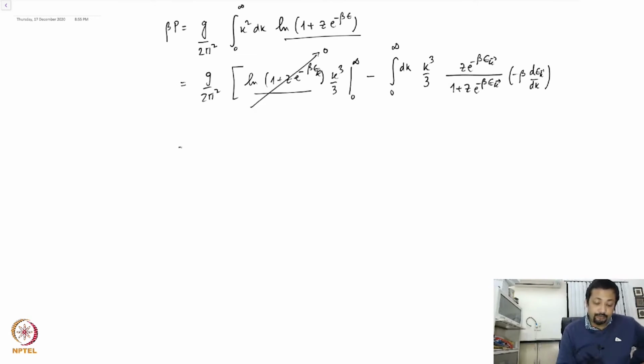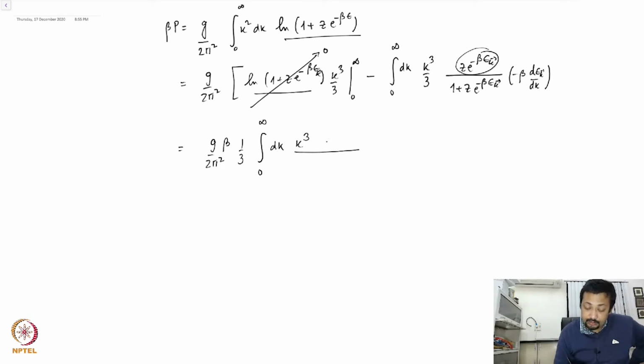This term is going to vanish, so that you will be left with g over 2 pi squared. The minus and minus is going to give you a plus, the beta comes out, and you are left with 0 to infinity dk (1/3) k cubed, and this is z, so this is going to be k d epsilon_k by dk times 1 by (z inverse e^(beta epsilon_k) plus 1).